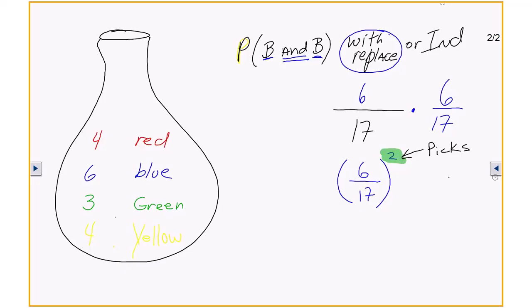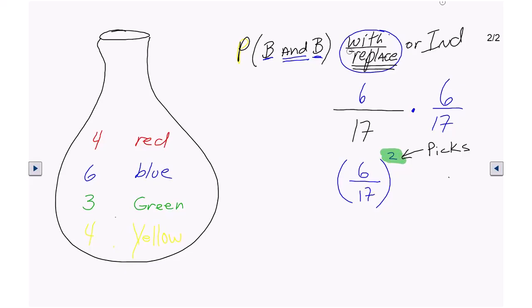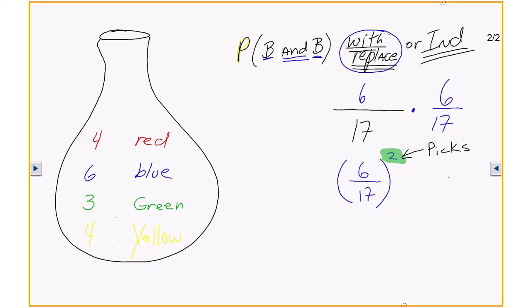If I want to pick 5 blue marbles, to the fifth power. So the multiplicative law says that when I have picks, I raise it to whatever pick power, as long as it's independent, or with replacement. Now I'm going to show you the next one, and then I'm going to show you if it makes a difference.